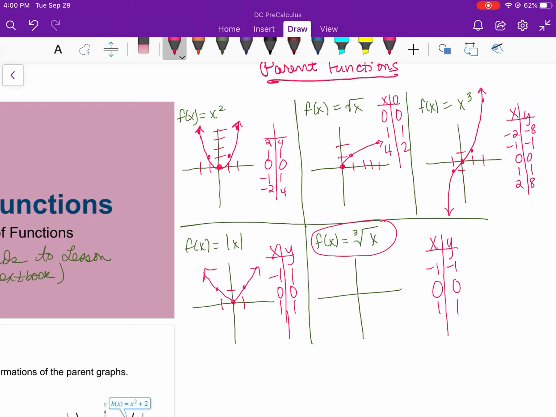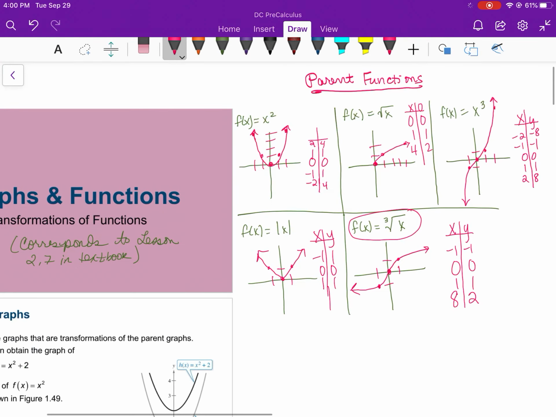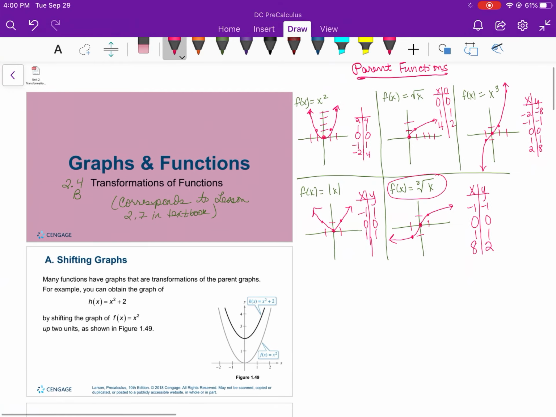So it looks like right now that these points are exactly the same. But if you take the cube root of 8, you would get 2. So 8, 2 is a point. This graph actually snakes through this way. All right, those are the parent functions you need to be aware of as we proceed through the lesson.